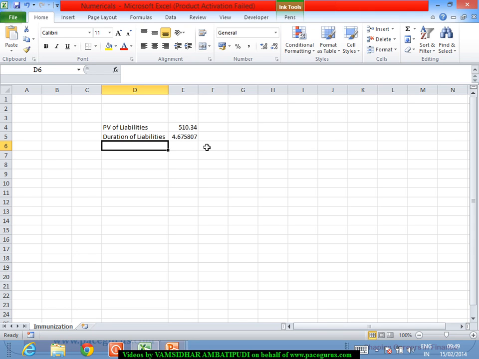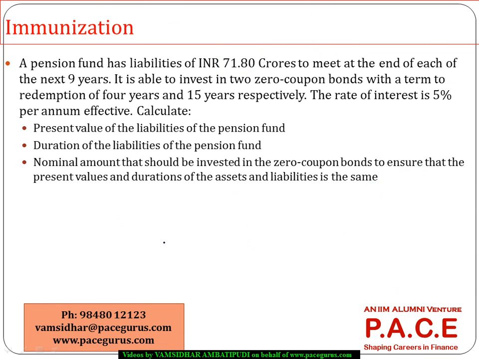Now I have to make sure that the assets which I am investing in, I have a 4-year maturity zero coupon bond and a 15-year maturity zero coupon bond.